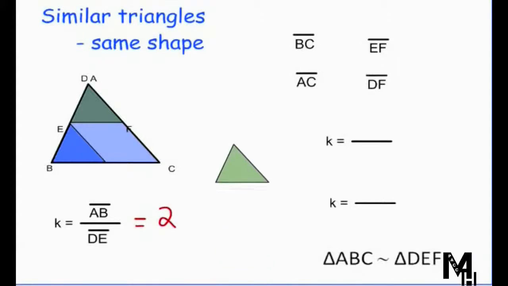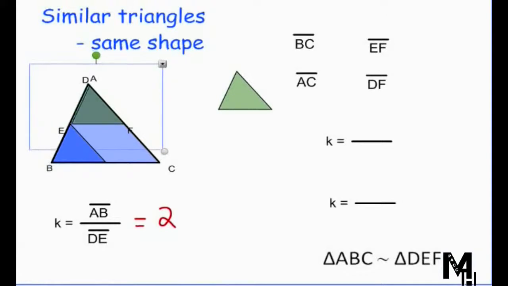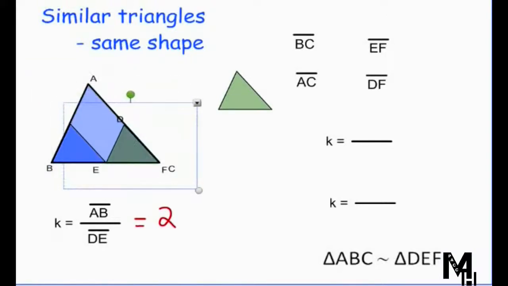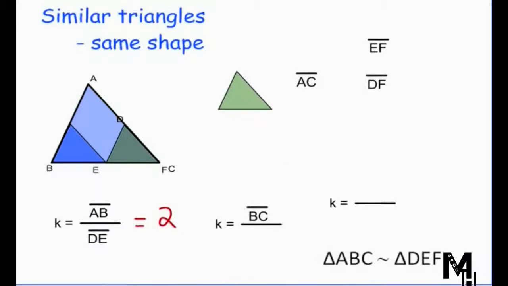If we continue with this idea and shift DEF down, we notice that for the bottom side, BC, the same thing occurs. So now K is equal to BC over EF. Our ratio is going to be, again, equal to 2.